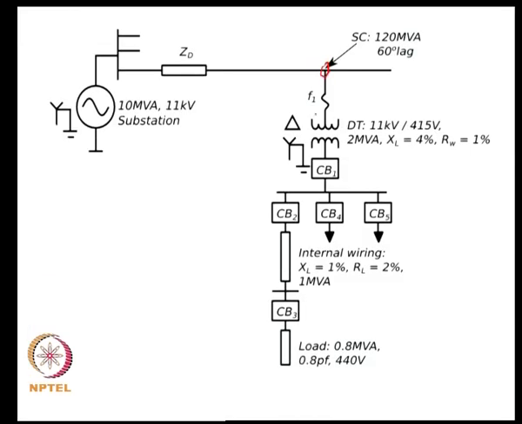So, the next element that we could look at is then the distribution transformer itself. Once you look at the distribution transformer, you could actually then calculate what is the fault current that could occur in your breakers CB1 through CB5.